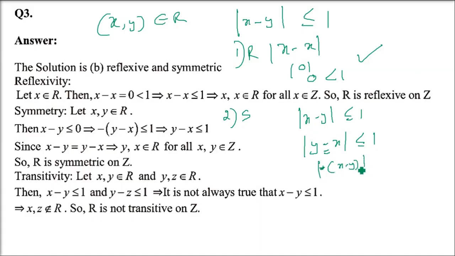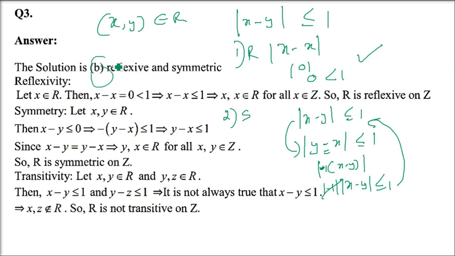The mod of a negative value will be positive. You can always write it as minus 1 into x minus y. Minus 1 you can take out, and mod of minus 1 is plus 1. So these two are exactly similar. That is, if (x, y) holds, (y, x) also holds.